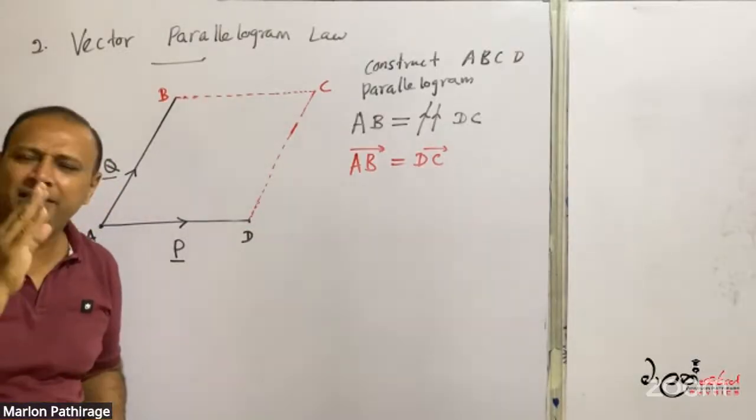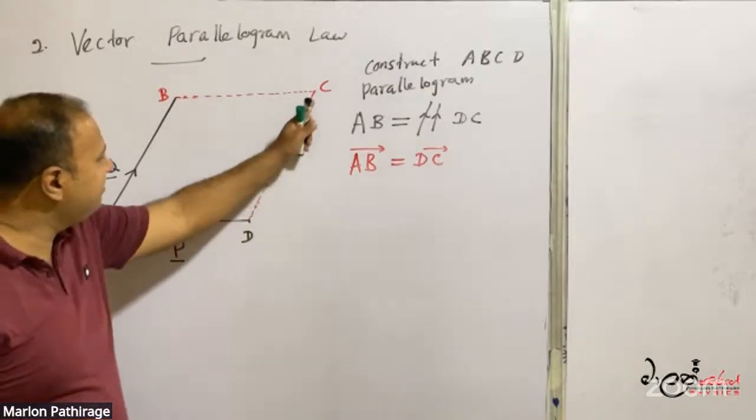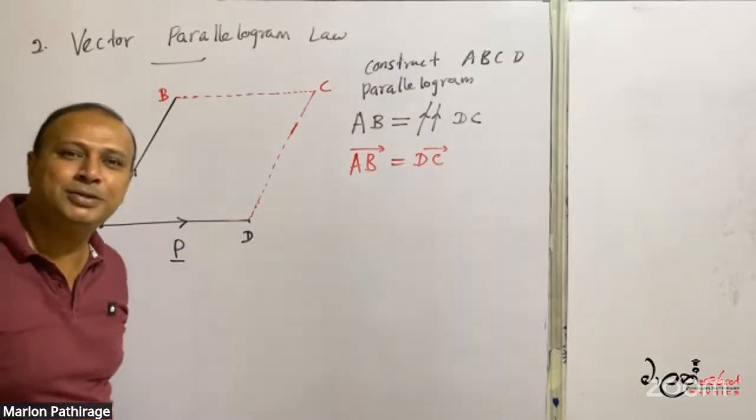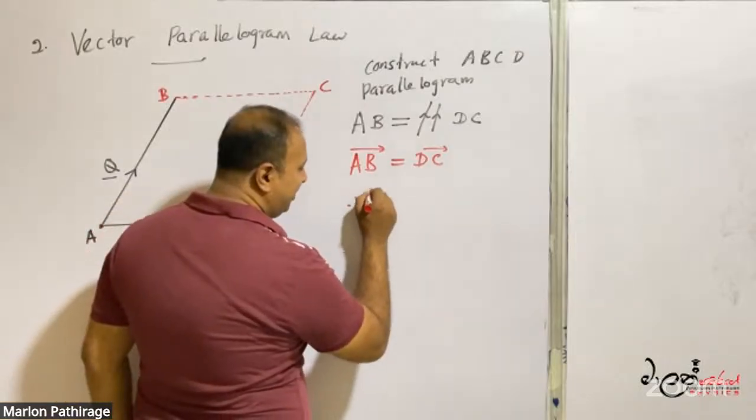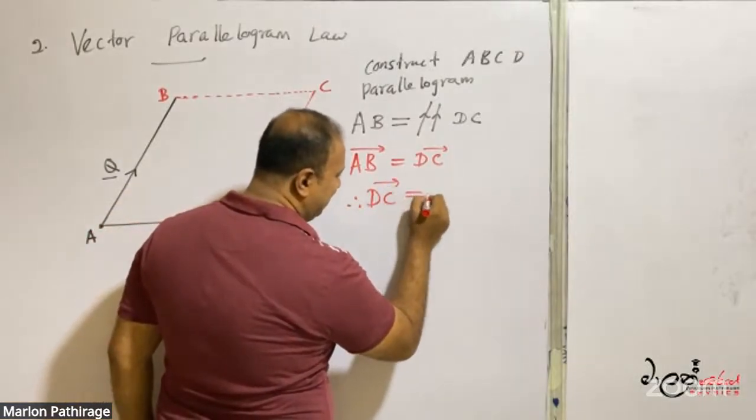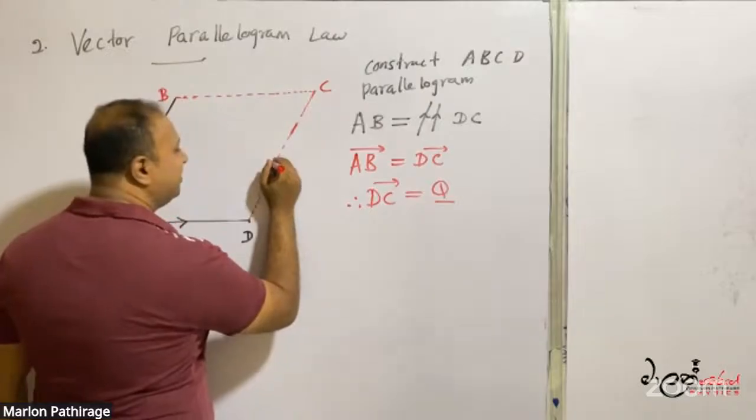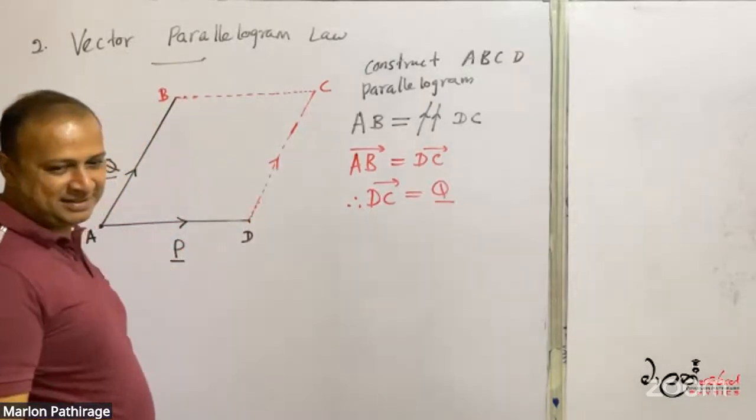Therefore, definitely the DC vector should be equal to Q. Therefore, the DC vector should be equal to the Q vector.